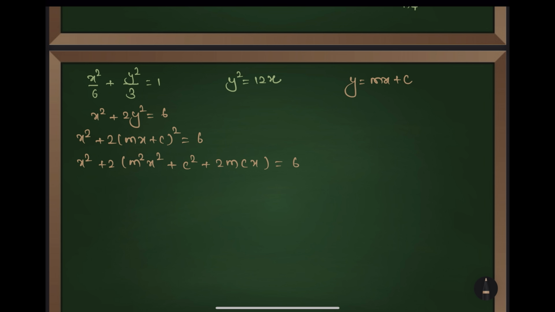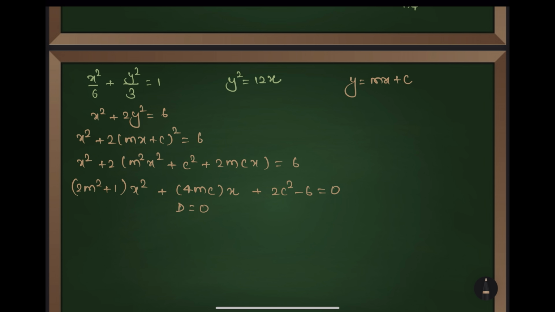Now I'll write it as a quadratic in x: (2m square plus 1) x square plus 4mcx plus 2c square minus 6. You know that it is talking about a tangent, so D should be 0.